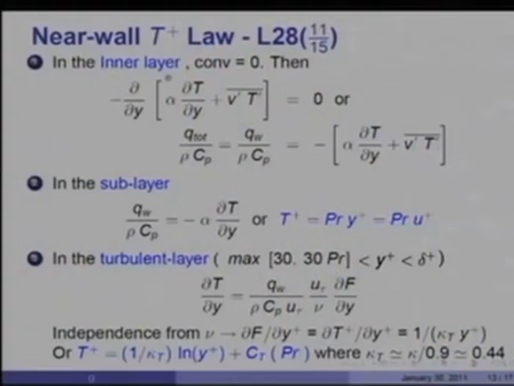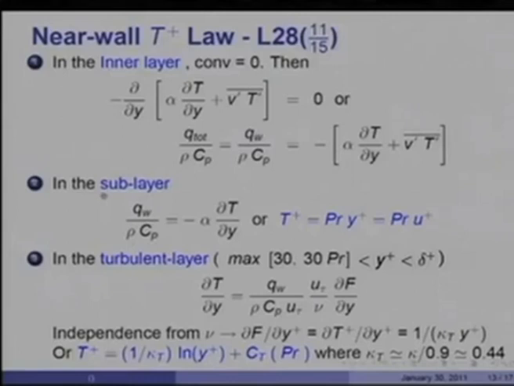Now, to generate the T plus law, we first of all look at the differential equation, where we say that for a smooth impermeable wall at any rate, the convection term will be very, very small, and therefore, the total diffusion of heat flux would be constant, or essentially Q total divided by rho Cp would equal Q wall divided by rho Cp equal to minus alpha dT by dy plus v prime T prime, and all this would be equal to a constant.